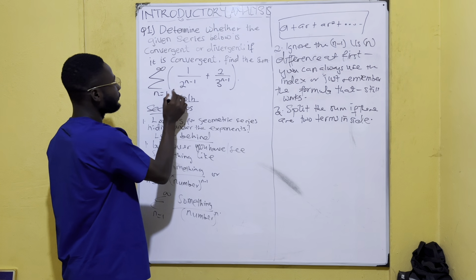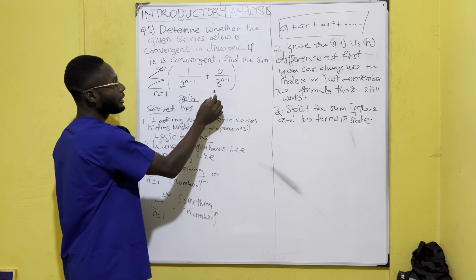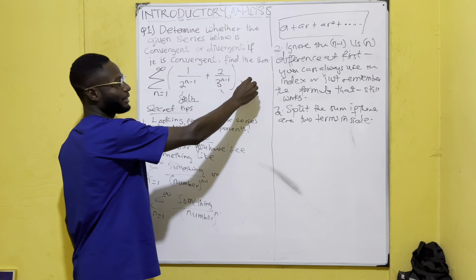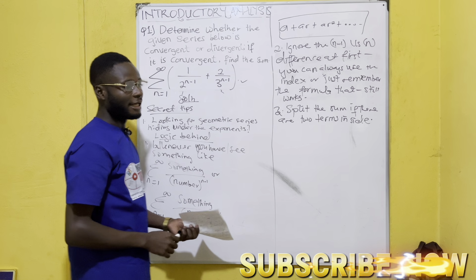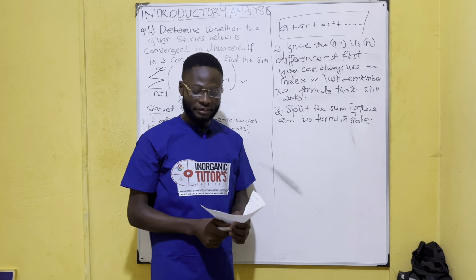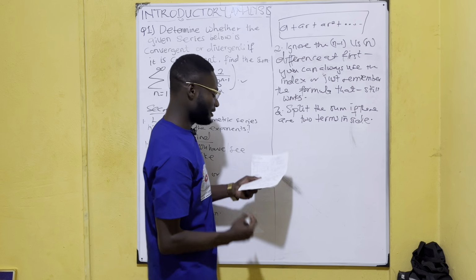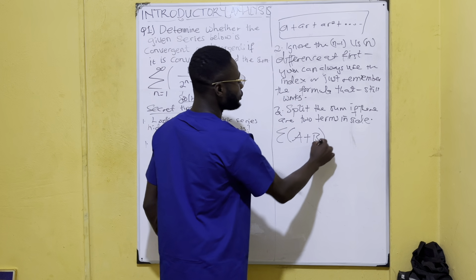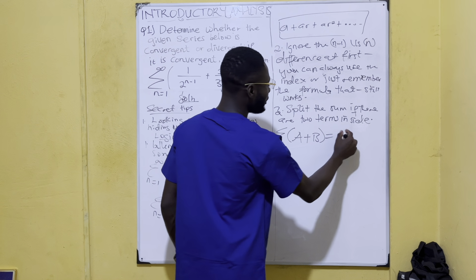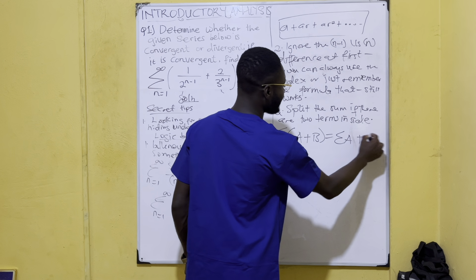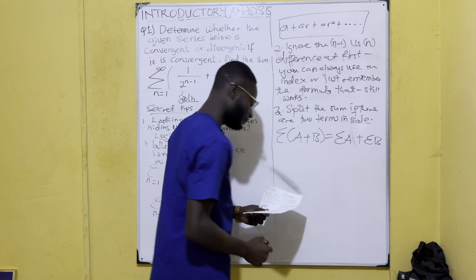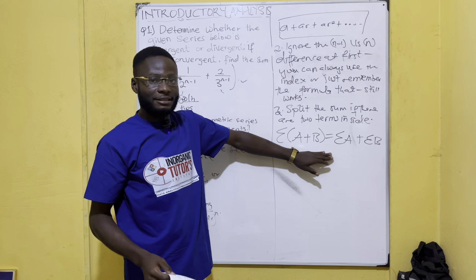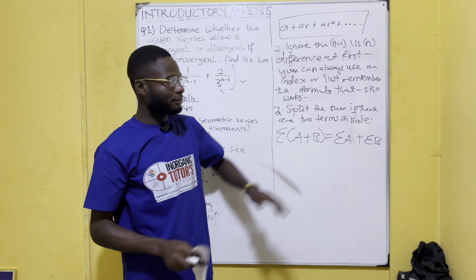So this one, for instance, we have 1 and 2. This is the first term, this is the second term. So we can split this sum, and it will make our work very easy. For instance, we can split the summation of a plus b into summation of a plus summation of b. That is the third tip.